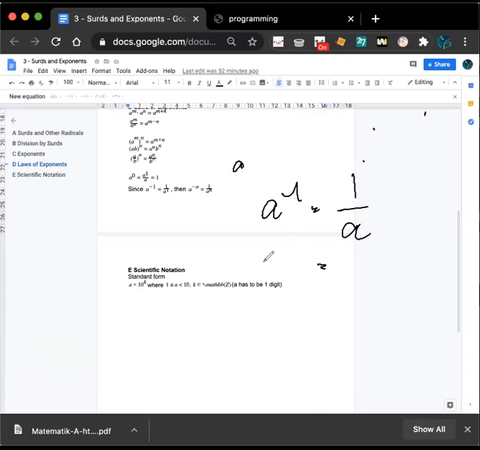If you have a to the power of -n, it's kind of like saying a to the power of -1 times n. That's also like a times a to the power of n.